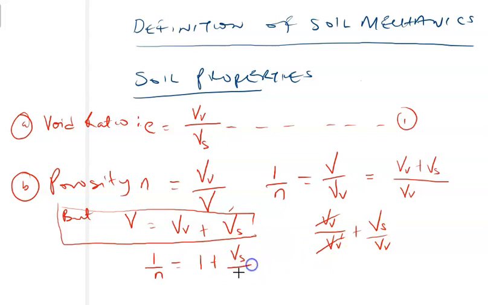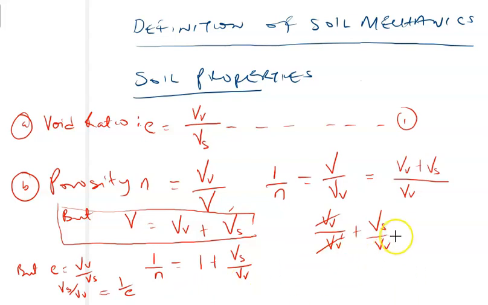VS over VV. Remember that we have seen already that E is equal to VV over VS. So it means VS over VV is equal to 1 over E, because if E is VV over VS, then 1 over E will be the reverse, which is VS over VV.